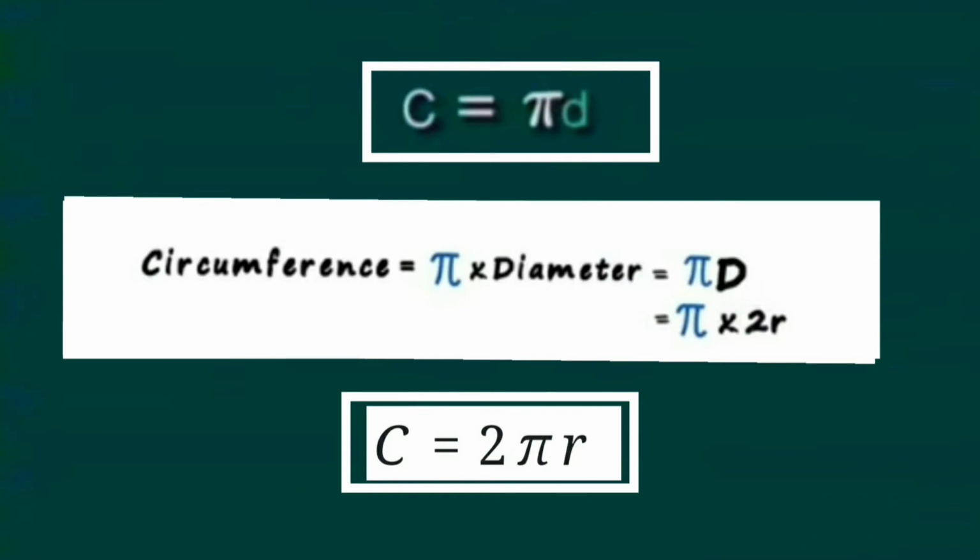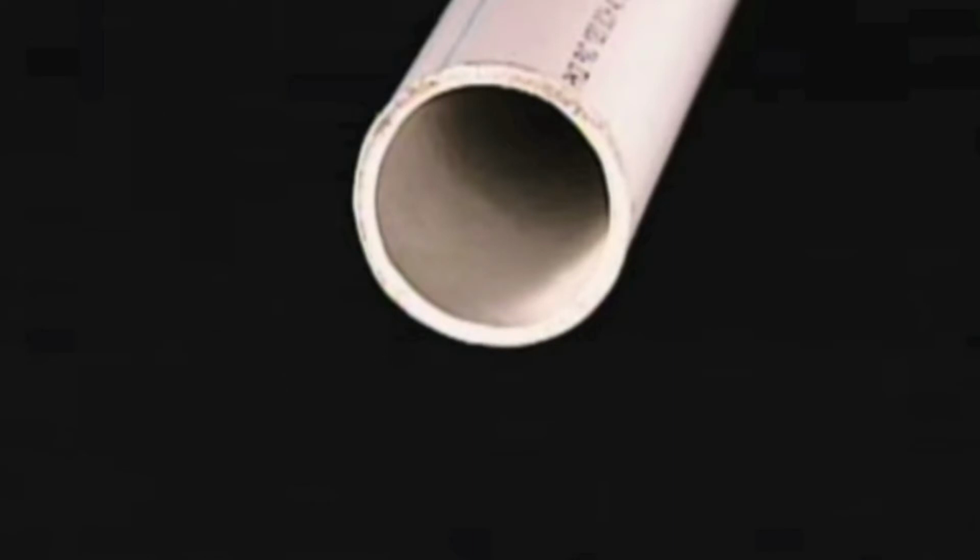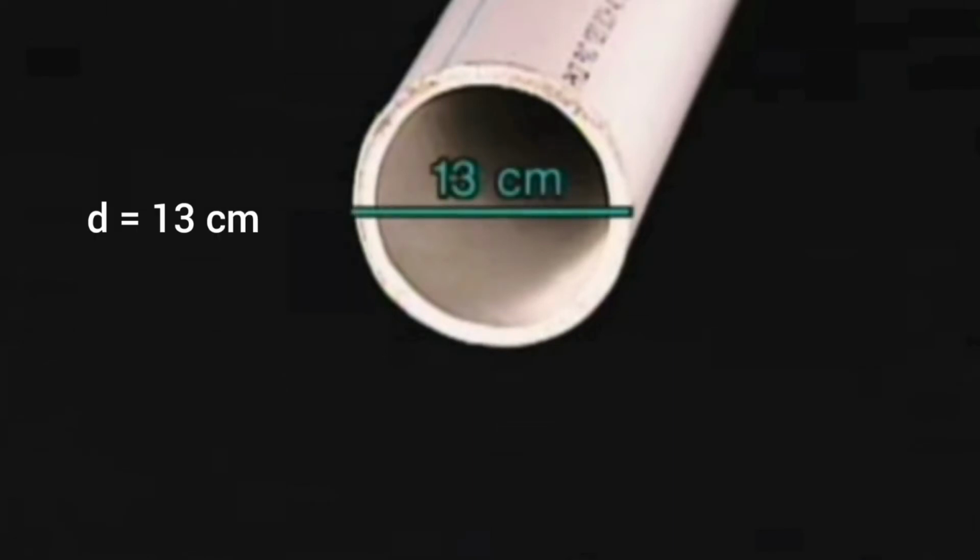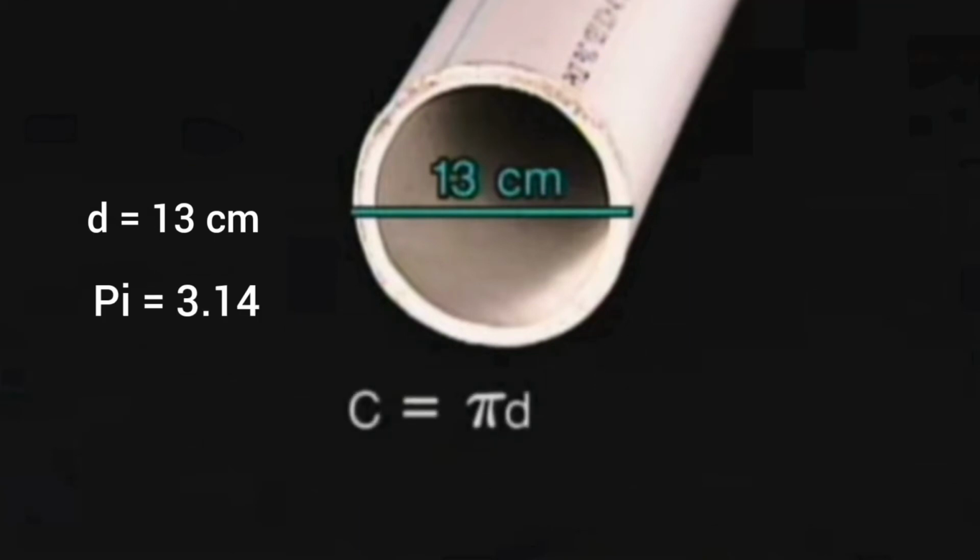Let us see how we use the formula. Look at this picture. A pipe has an outside diameter of 13 centimeter. What is the circumference of this pipe? Let us use the formula. Now we know the diameter and the pi value, so we can use the formula C is equal to pi d.